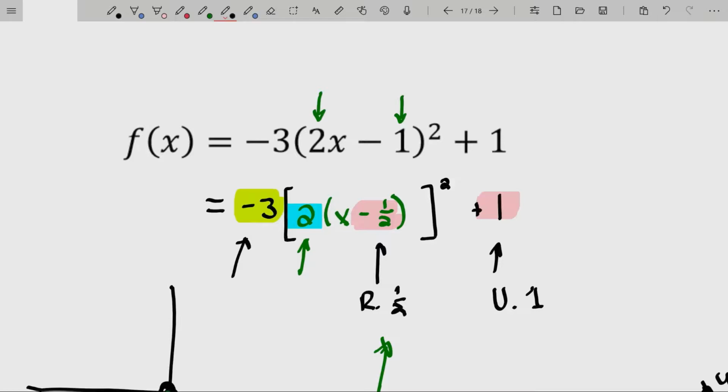And then the next panel would be your horizontal reflection or your horizontal stretch or compression. And then the final panel would just be all of your shifts. The rigid shifts is what we'd call those, or rigid transformations.